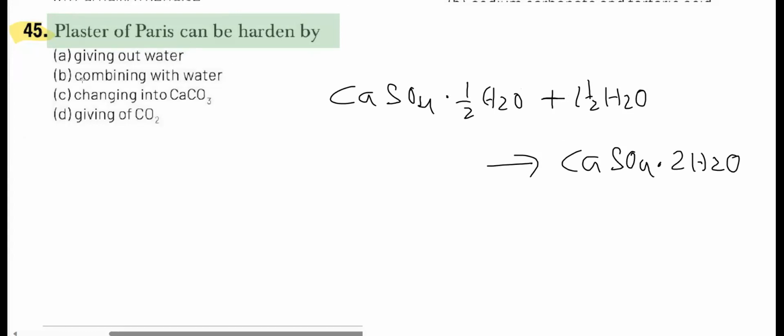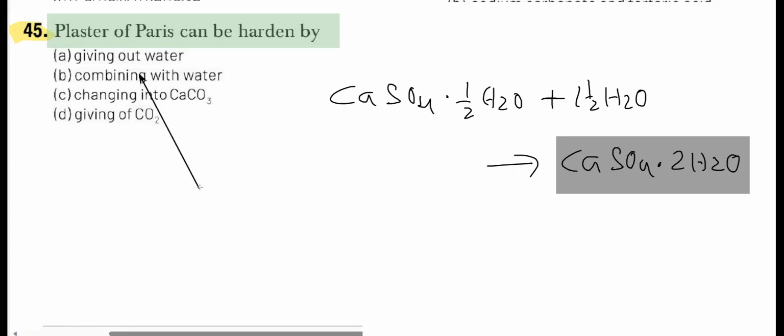It's a very common observation if you have used plaster of Paris for any school project, making a model, that water is added and that makes it hard. This is one reason why we always keep plaster of Paris in an airtight container, to prevent it from reacting with water and turning into a hard substance, calcium sulfate dihydrate, that is gypsum, and then it becomes useless. If it turns into gypsum, we cannot use it as plaster of Paris powder.